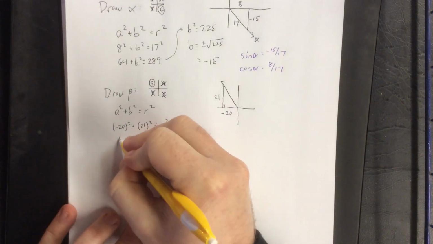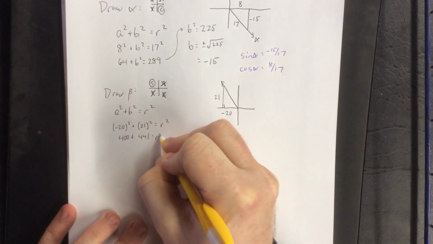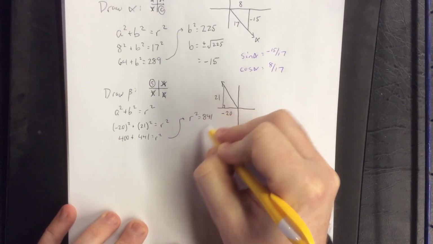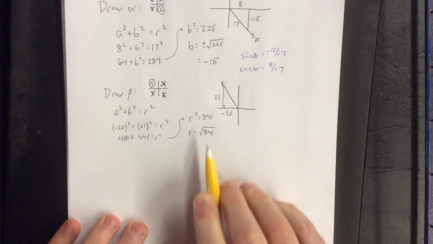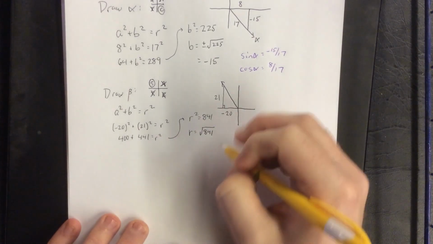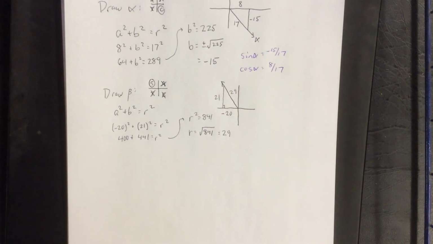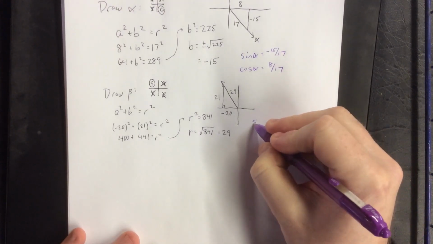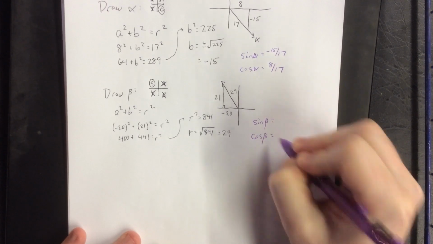Simplifying the left-hand side, this is 400 plus 441 is equal to r squared, letting us know that r squared is equal to 841. Now r should never be negative, so r is going to be the square root of 841, which simplifies completely to become 29. With that in mind, we can now draw a conclusion about the sine of beta and the cosine of beta.